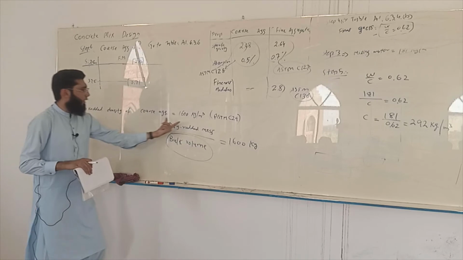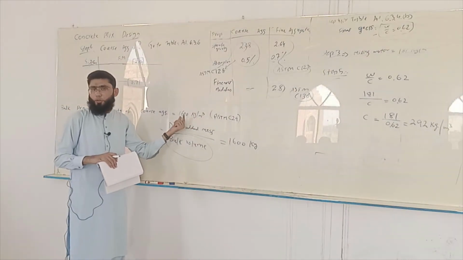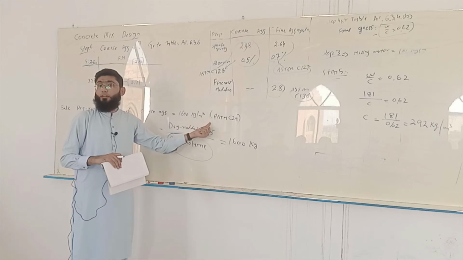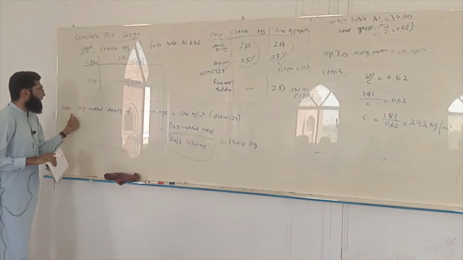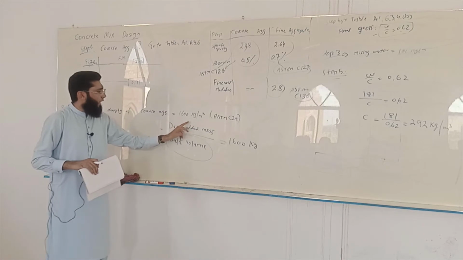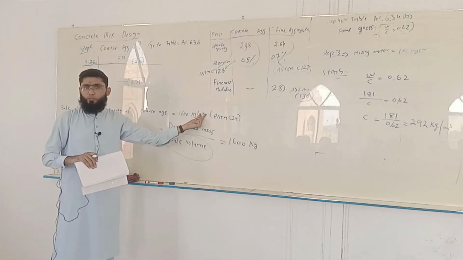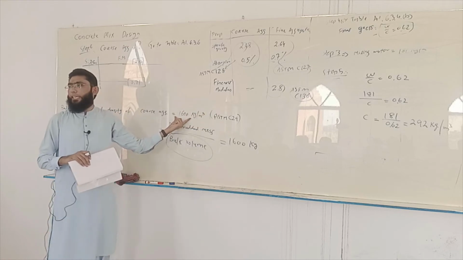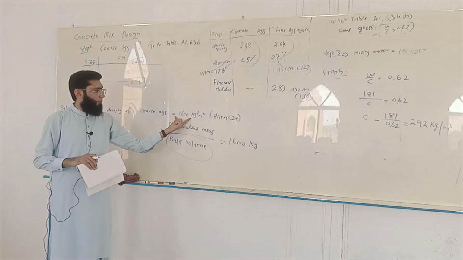When you say 1600 kg per meter cube over here, it doesn't mean 1600 kgs of coarse aggregate per meter cube of concrete. It's just the density of coarse aggregate. It means every meter cube of coarse aggregate weighs 1600 kgs. So you got to be careful.